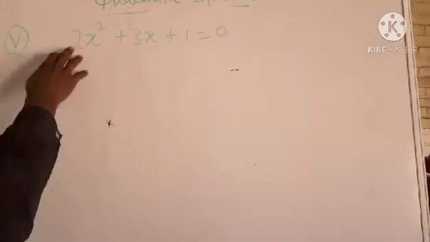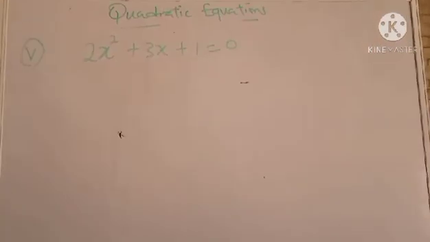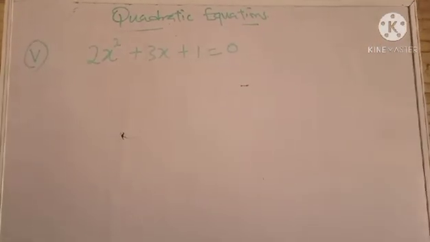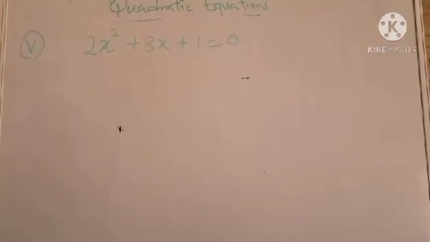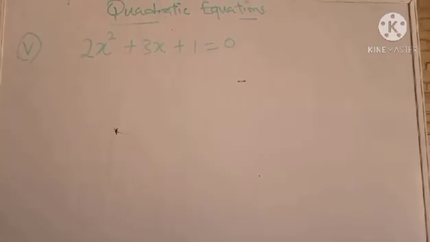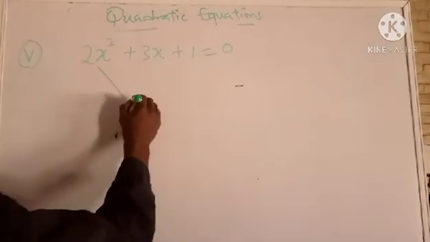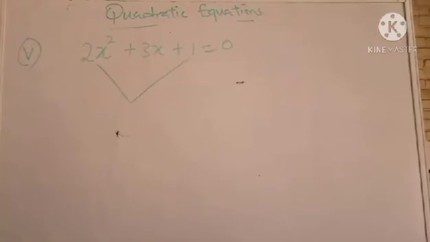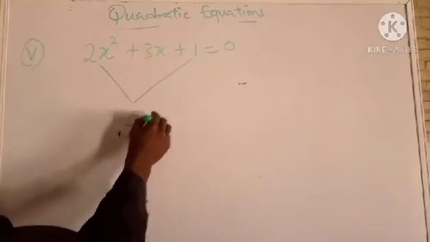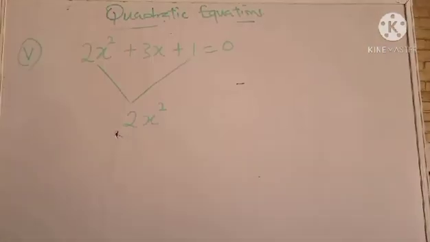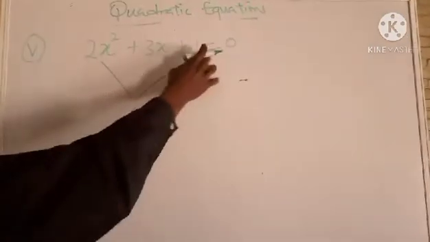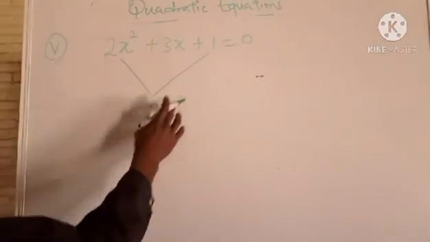There is now a number in front of x squared. We can no longer express it the way we did the other time. But as usual, we're still going to multiply the coefficient of x squared by the constant, giving us 2x squared. When you multiply 2x squared by 1, it gives 2x squared.